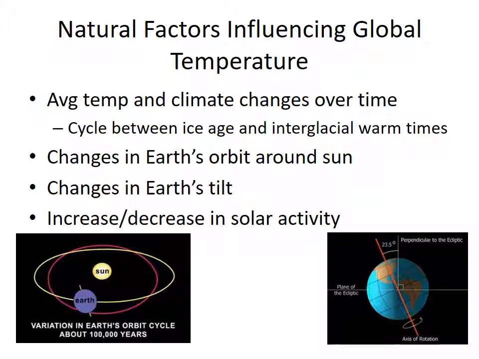So our average temperature and climate in an area is going to change over time. And by time here, we mean long-term time, like geologic time, hundreds of thousands, millions of years, because we do cycle between ice ages and interglacial warm periods. What are we in right now?